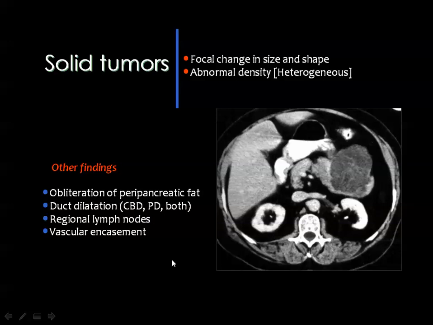And also it may result in dilatation of the main pancreatic duct, what is known as the double duct sign, the common bile duct and the pancreatic duct. Then regional lymphadenopathy, metastatic lymph nodes, and vascular encasement are also some of the supportive signs.